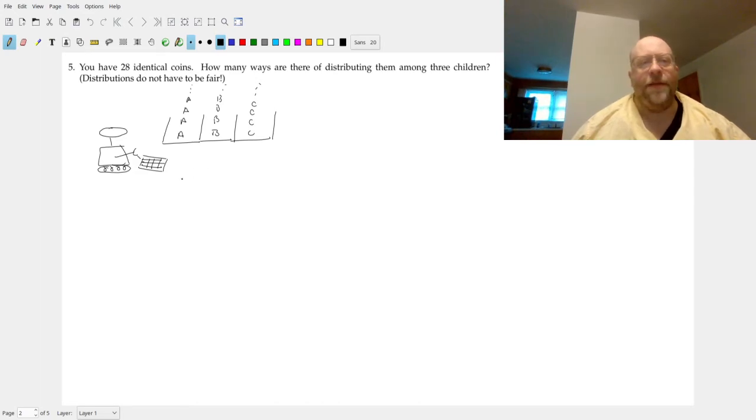So a correct order would have 28 ones for picking a tag and 2 zeros, one to move from A to B, and then one from B to C. And so there would be 30 spots to fill, and we would have to pick 28 of them to do. The solution is 30 choose 28, which is also the same as 30 choose 2.